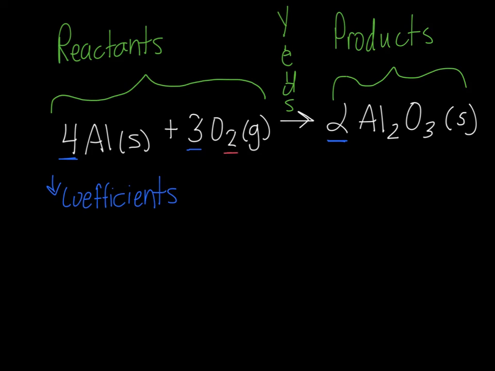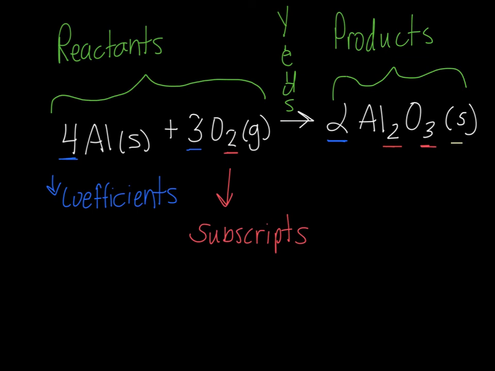The little lower numbers are the subscripts, and those tell you how many of each atom is in the formula. 2 oxygen atoms in O2, 2 aluminum atoms, and 3 oxygen atoms in Al2O3.